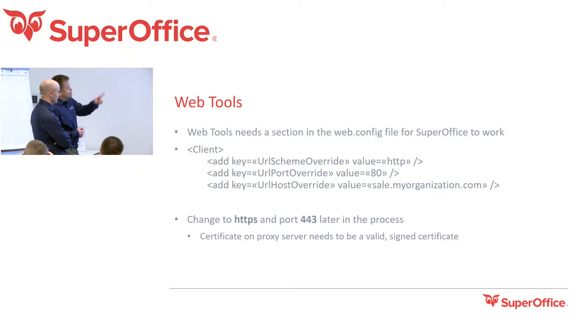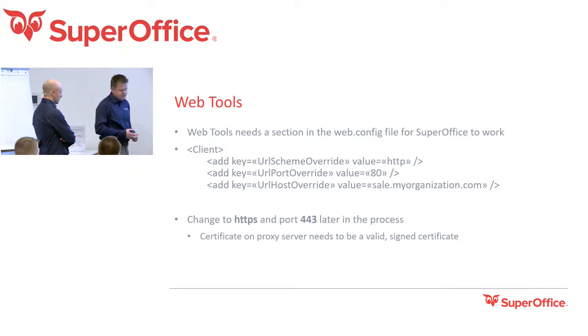So you need to set the URL scheme override, use HTTP and change it to HTTPS when you get there. The port you're running on and the URL host override should have the outside URL. Then it will start to work. And again, running HTTPS, make sure you have a valid certificate or web tools won't work at all.